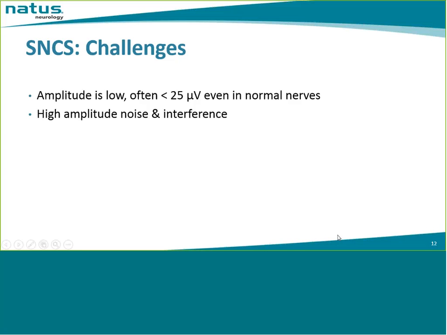So the problem we have is a very low signal to noise ratio. The signal is small, the noise is large. We can reduce some of the noise by using techniques like averaging, but that requires multiple stimulations. And stimulation is quite uncomfortable.